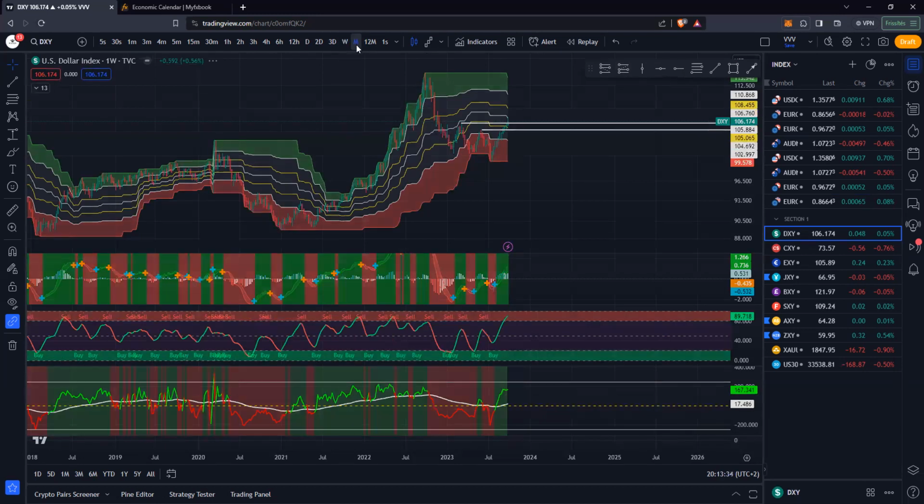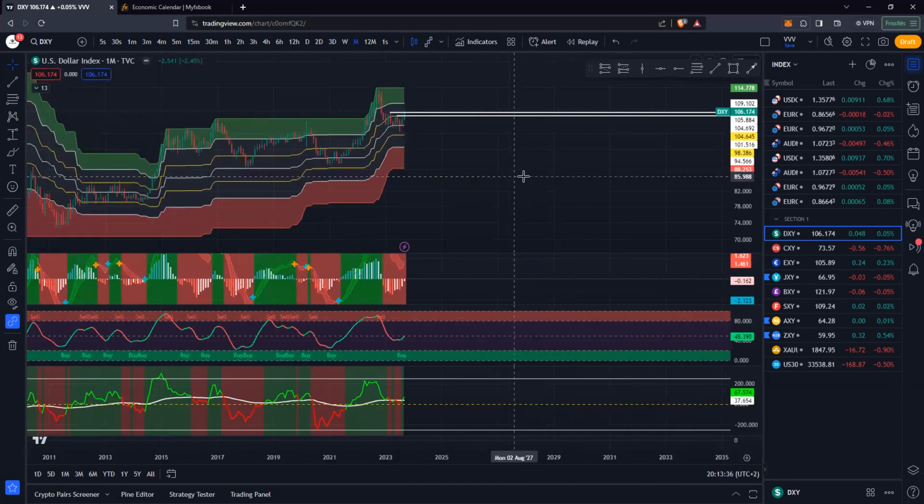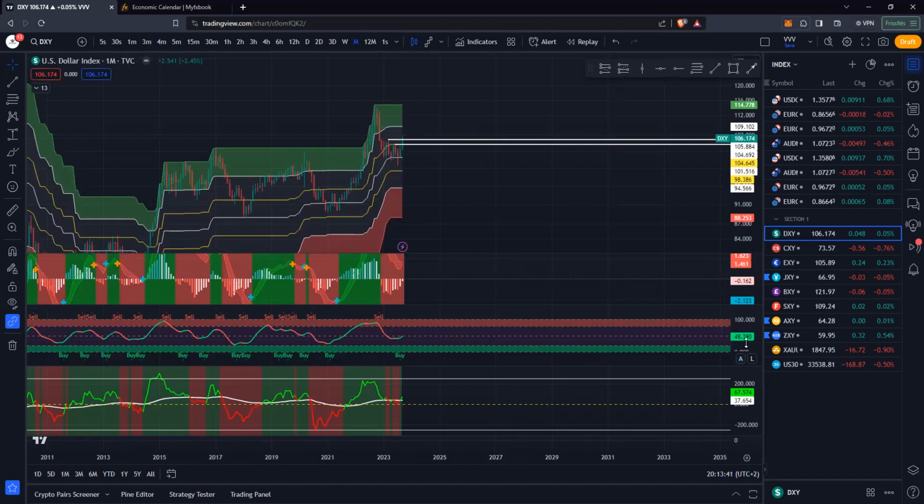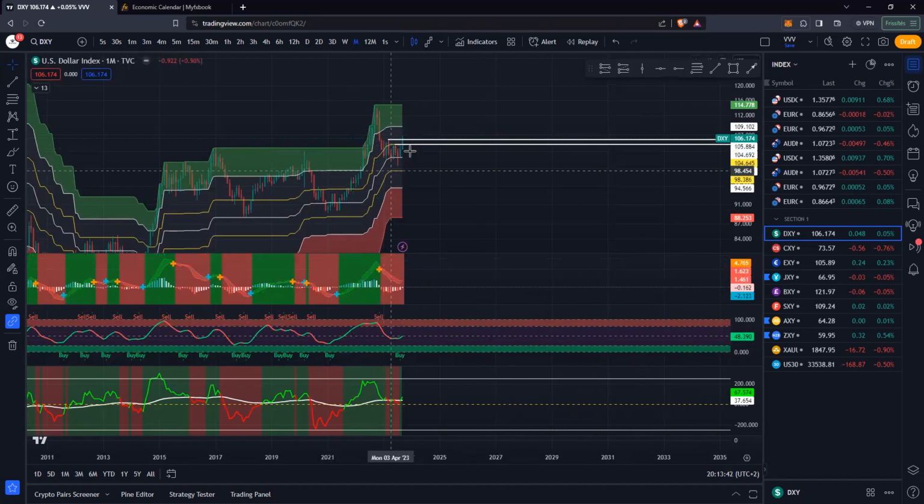The DXY is actually, let's see on monthly basis, the DXY is actually broken a structure that we were in for almost 8 months.